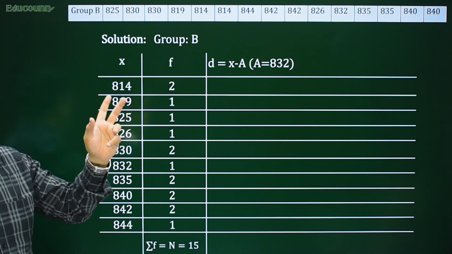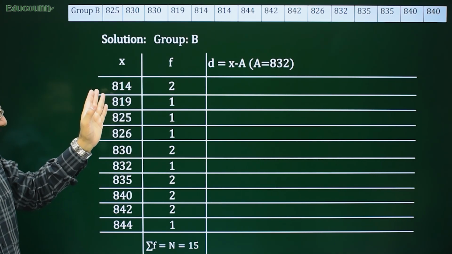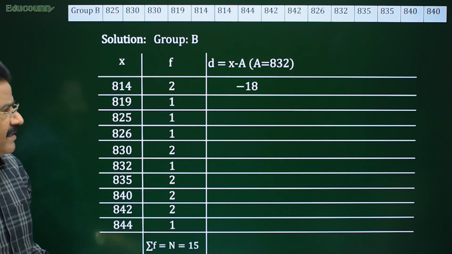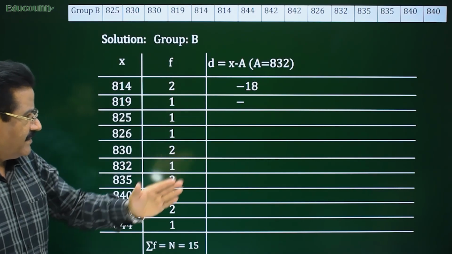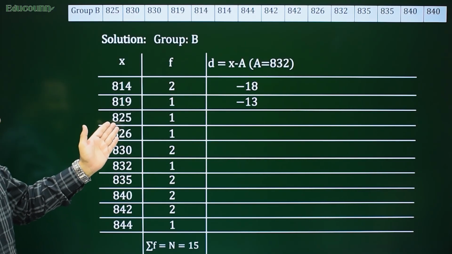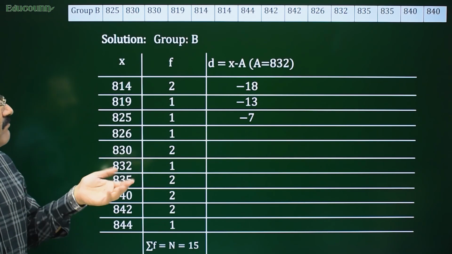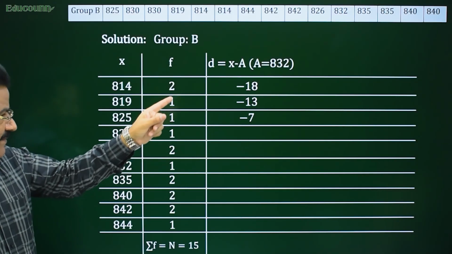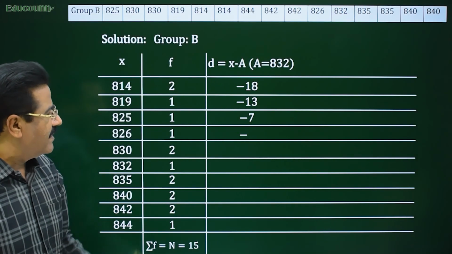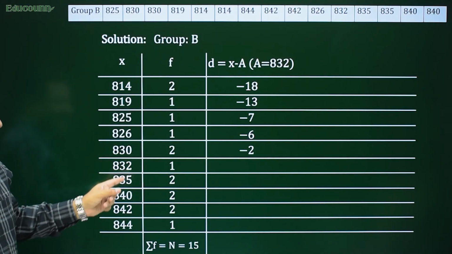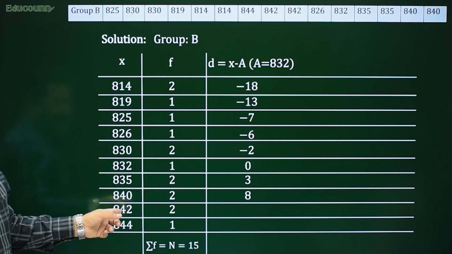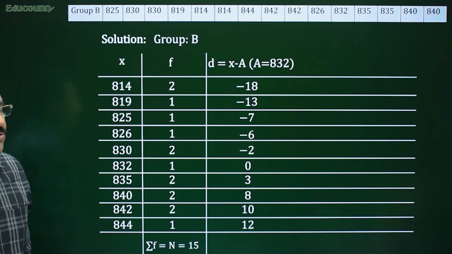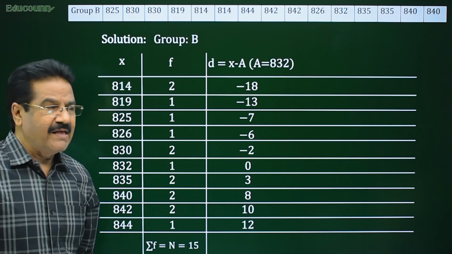So we have to do the subtraction of X minus A. 814 minus 832, minus 18. 819 minus 832, minus 13. 825 minus 832, minus 7. 826 minus 832, minus 6. Then next will be minus 2. Next will be 0. Next will be plus 3. Next will be 8. Next will be 10. And the last one is 12. No question of adding this.